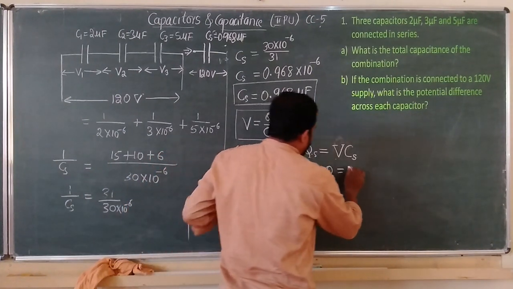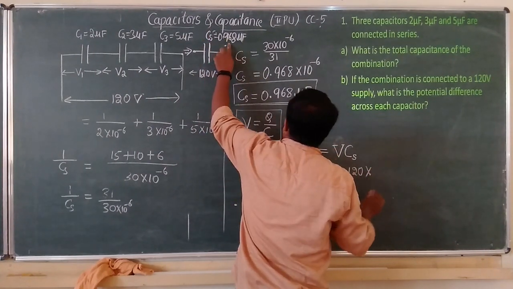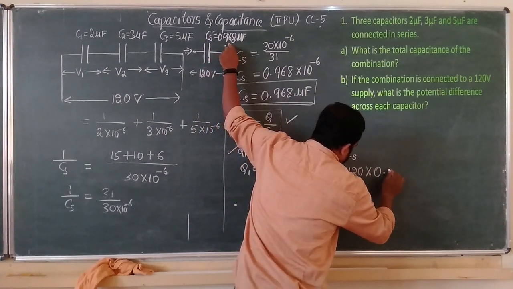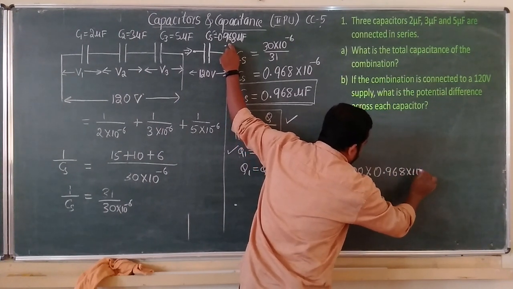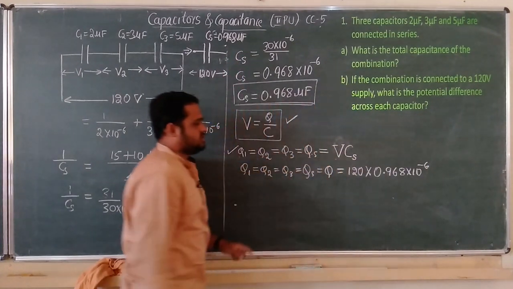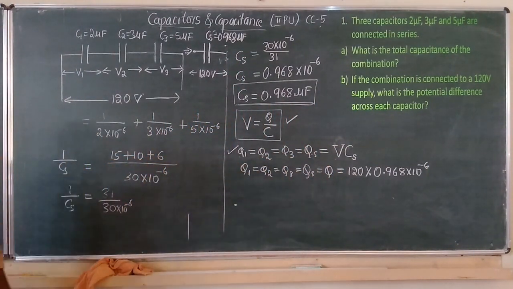What is the value? V is 120 volt into the effective capacitance 0.968 microfarad, that is 0.968 into 10 to the power minus 6.